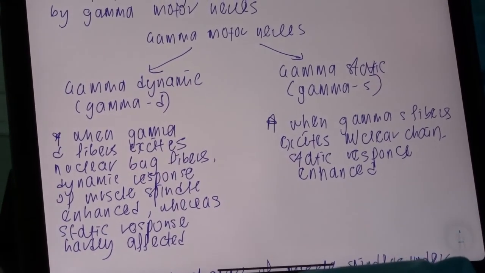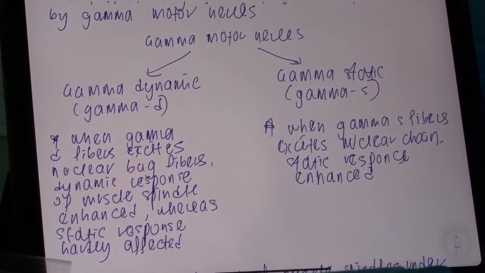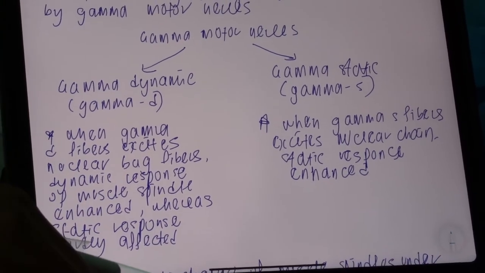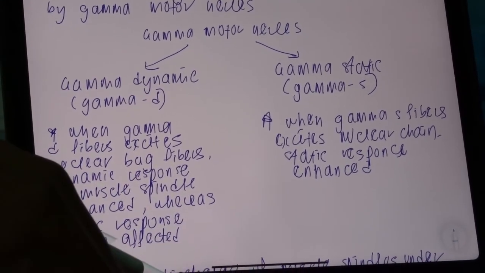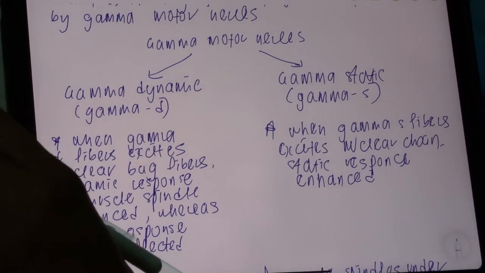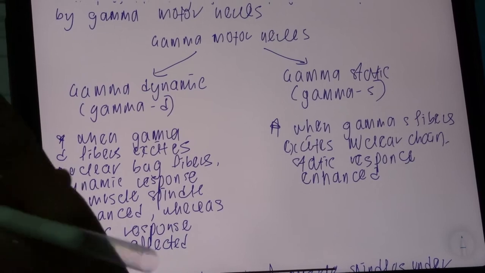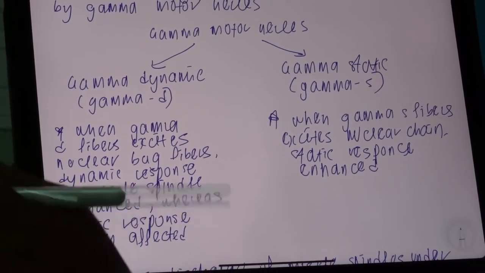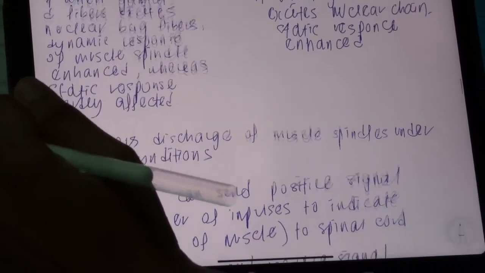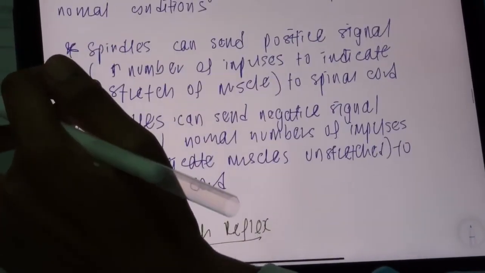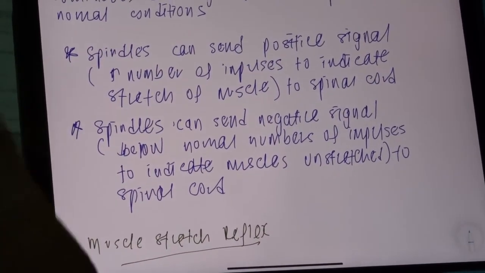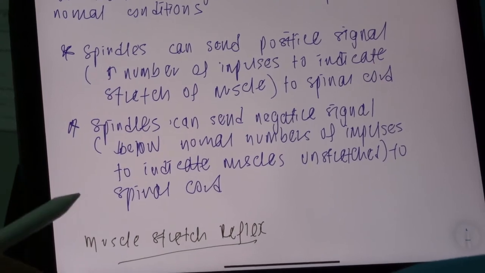When the gamma static fibers are excited, they will excite the nuclear chain. Then the static response will be enhanced, and the dynamic response will be untouched. So this is about the spindles, that they can send a positive signal to the spinal cord.